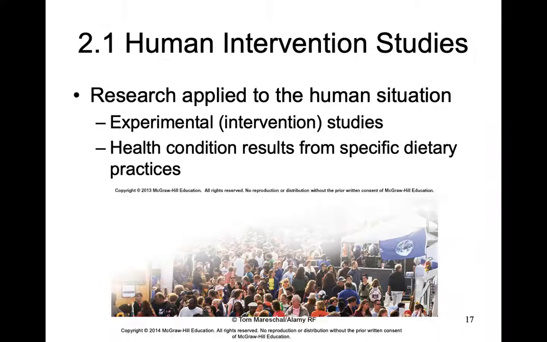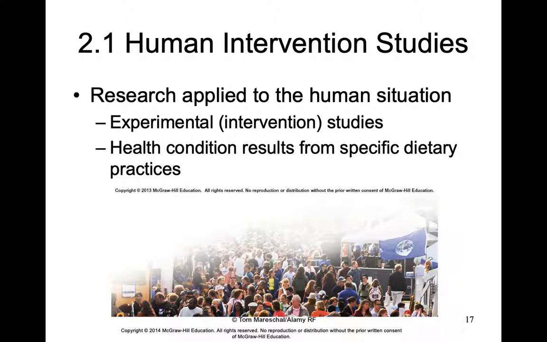and that's why those studies don't exist. So another kind of study is called a human intervention study. And this is where research is going to be applied to the specific human situation. An intervention or experimental study. This is how we can determine whether a health condition results from a specific dietary practice.